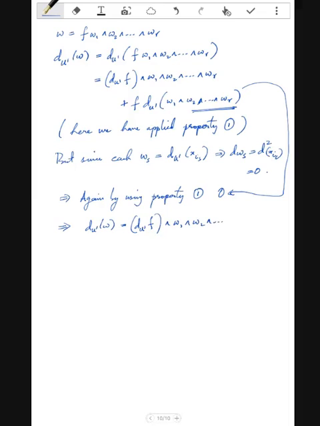wedge omega r. But now the definition of du prime f is the summation L equal to 1 to n of df by dyl, and all these are the summation L equal to 1 to n of dxi1 by dyl h.